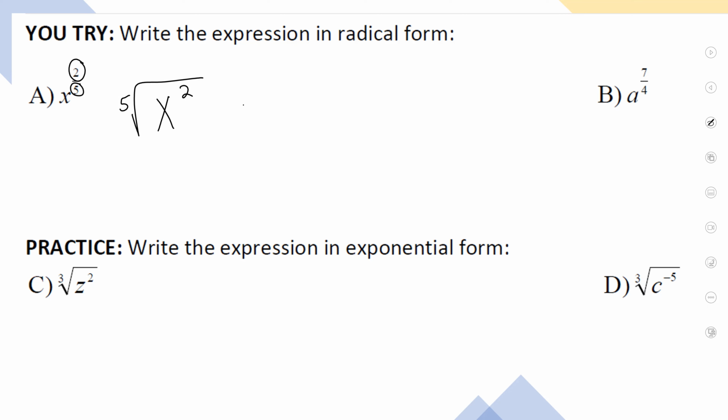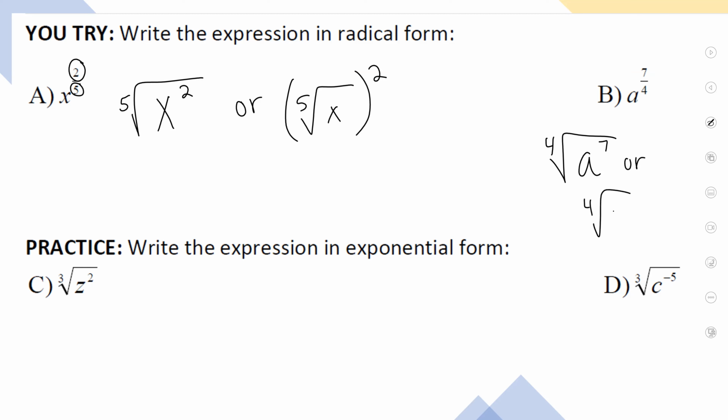You guys can also write it like this, where the 2 goes on the very end. Okay? You can also write it like that. You'll see it both ways. Okay? This one, 7 goes on the inside, 4 goes on the outside. You can also write it like this. You will see it both ways. Okay?